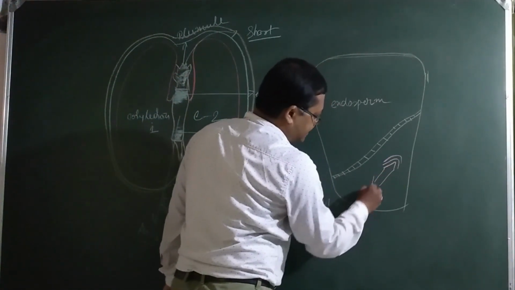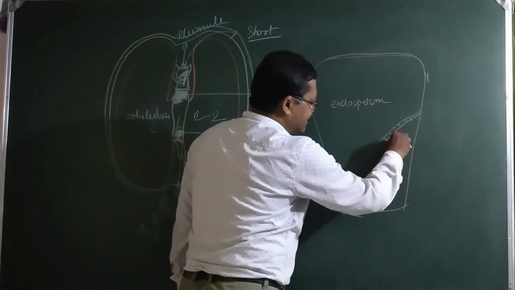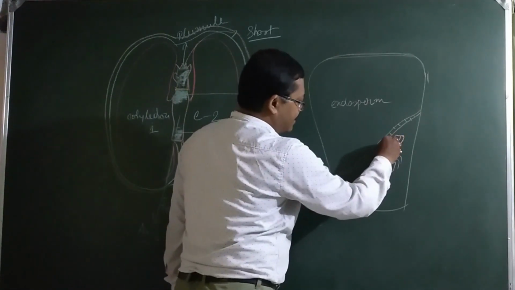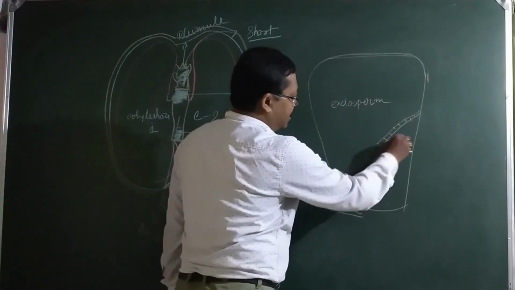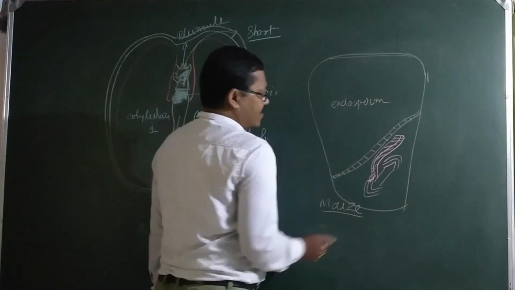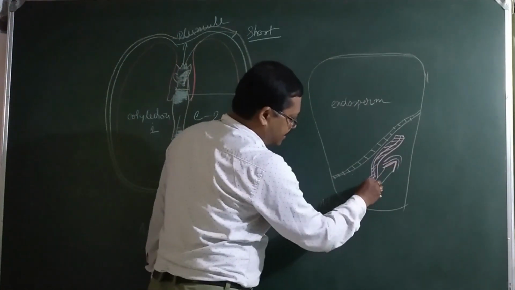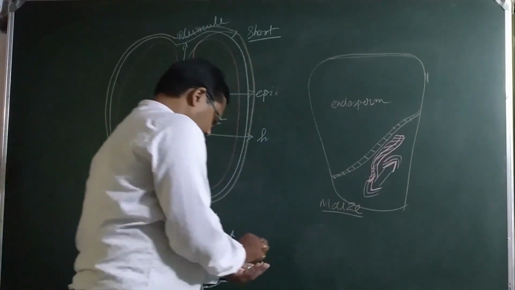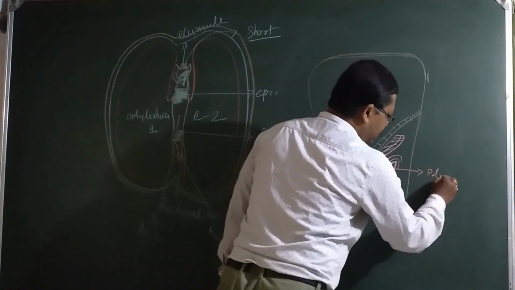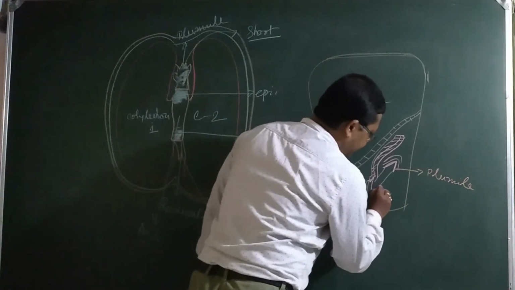This is the embryonal axis, and a single cotyledon is present. The upper part is called the plumule, and this is called the radicle.